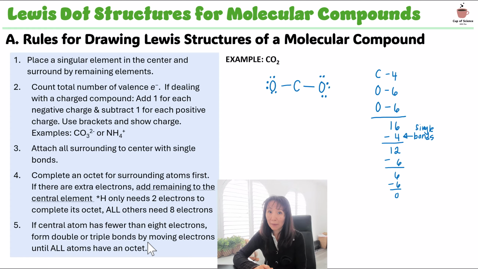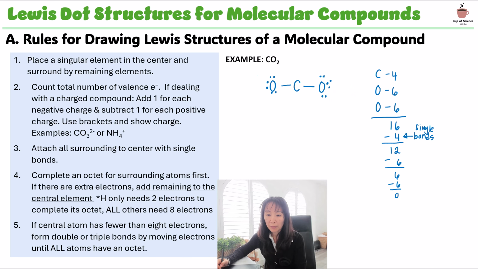So what does that mean? Where am I getting the electrons from? You're going to get them from the surrounding atoms. So surrounding atoms are these oxygens. So I'm going to borrow one of these pairs in order to form another bond between the carbon and the oxygen.